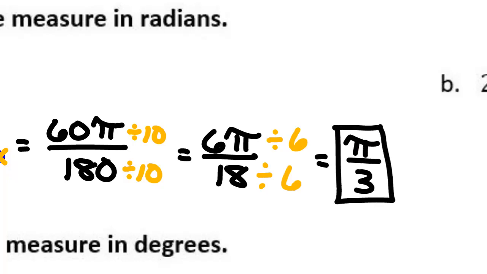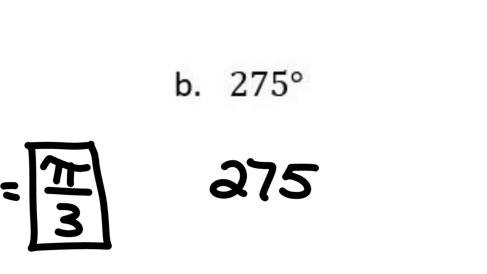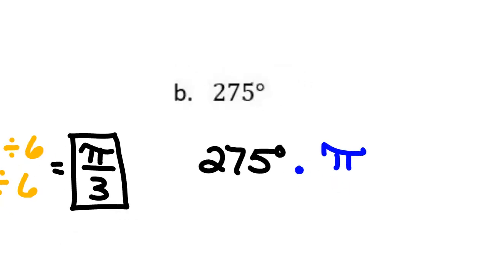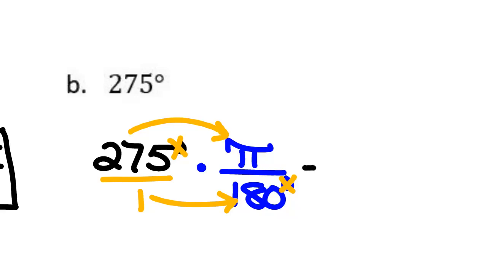Because 6 divided by 6 is 1. So I have 1 pi, or just pi. For part B, 275 degrees times pi over 180 degrees. 275 is over 1. My degrees cancel. 275 multiplies to the pi. 1 multiplies to the 180.